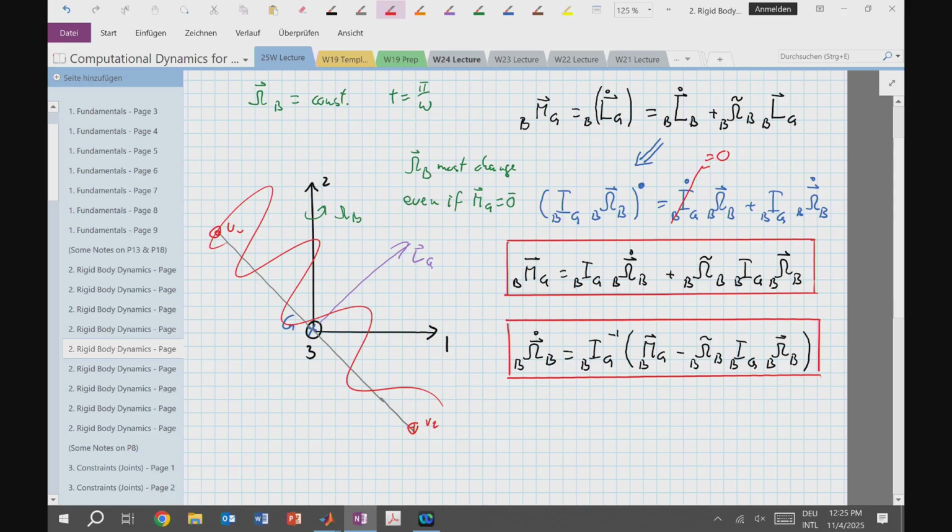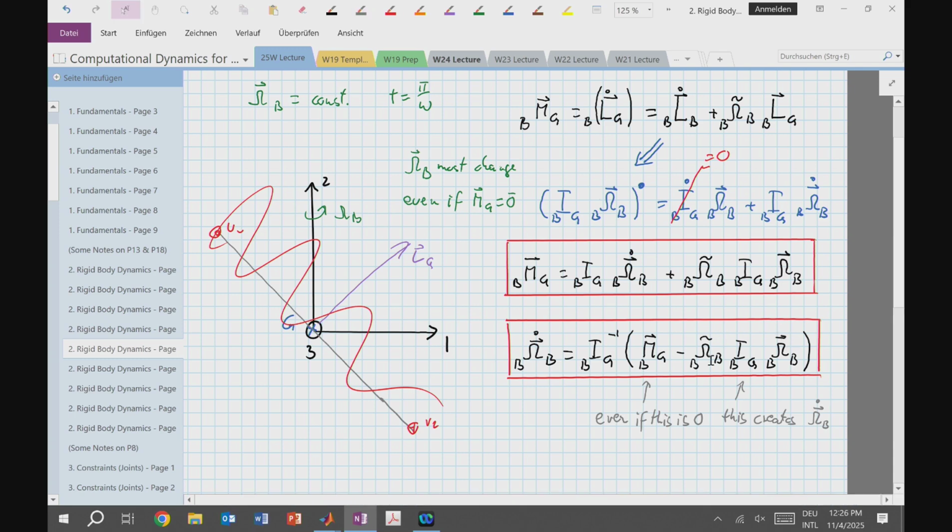And we immediately see that even if this is 0, even if I don't apply a torque, this term in the back still contributes and generates an acceleration omega dot.